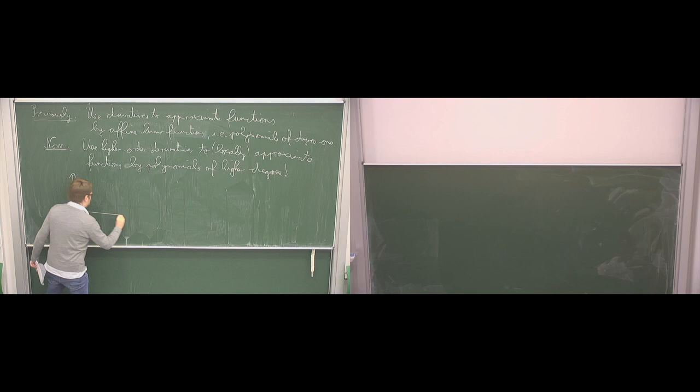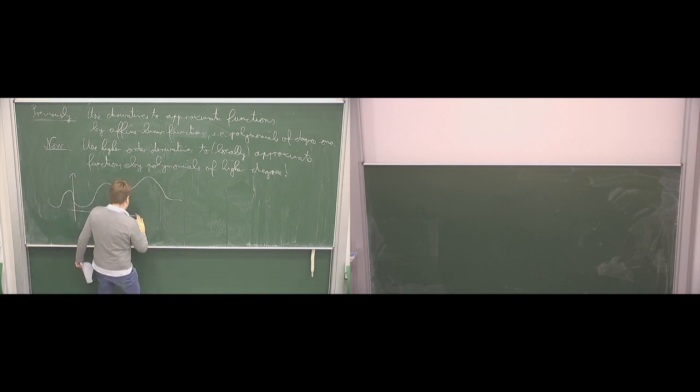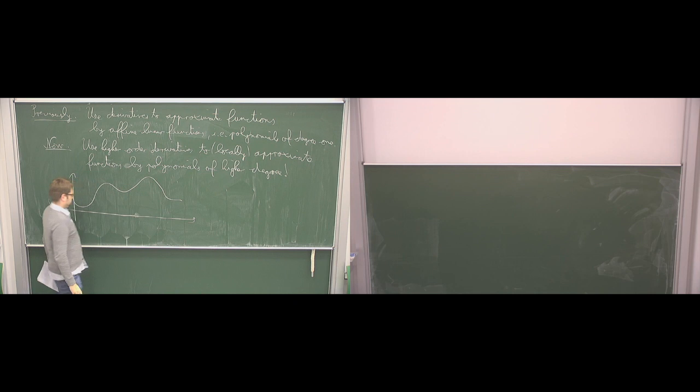Let me just draw a simple example. Assume we have some function which behaves quite wildly. Assume we want to approximate it at the point, let's take this here, so this is the point a. In this situation, if we approximate this function by a linear function, we would draw the tangent line here.